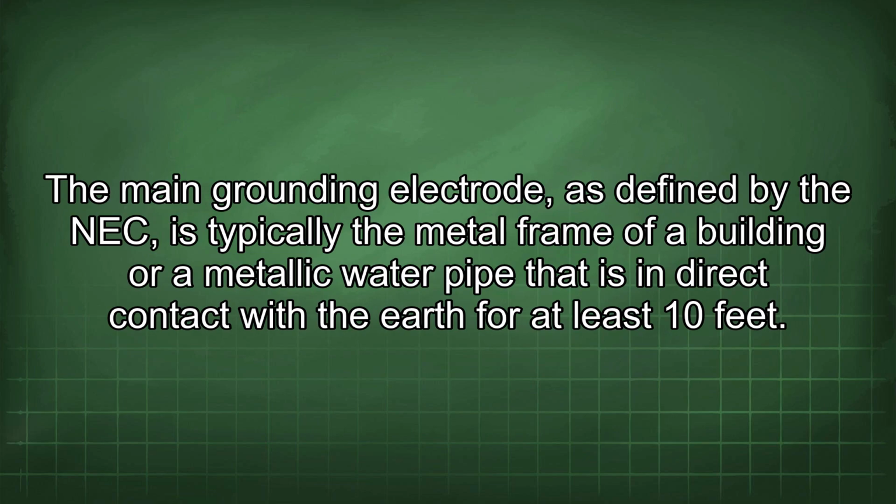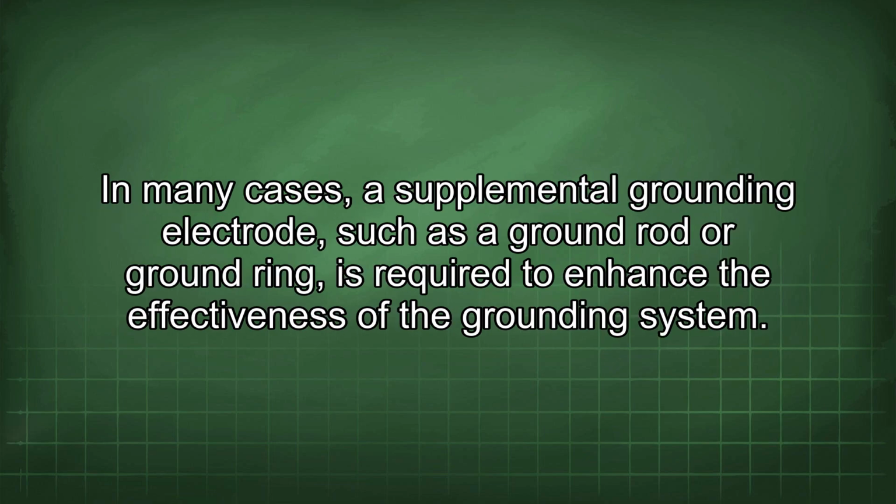The main grounding electrode, as defined by the NEC, is typically the metal frame of a building or a metallic water pipe that is in direct contact with the earth for at least 10 feet. In many cases, a supplemental grounding electrode, such as a ground rod or ground ring, is required to enhance the effectiveness of the grounding system.